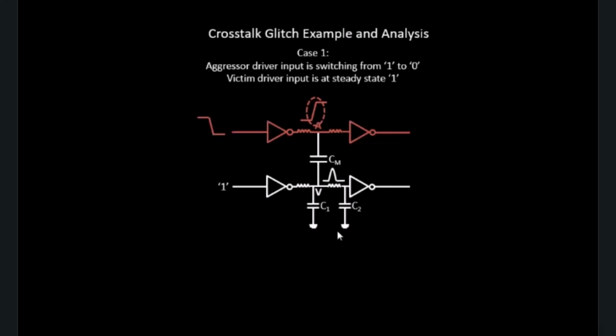This particular capacitor also tries to get charged, and as a result, momentarily the voltage on this capacitor rises from 0 volts to some finite voltage, and then it settles down to 0 volts.